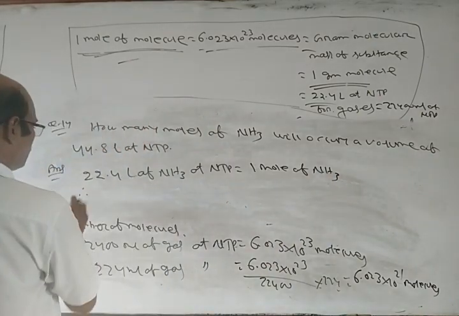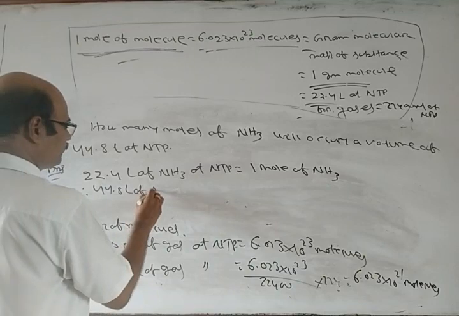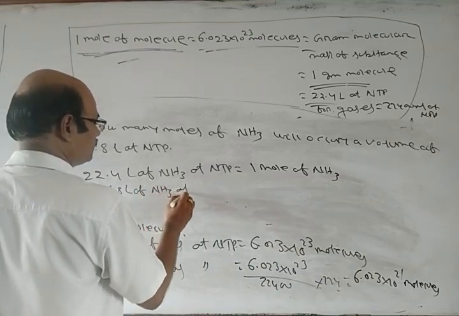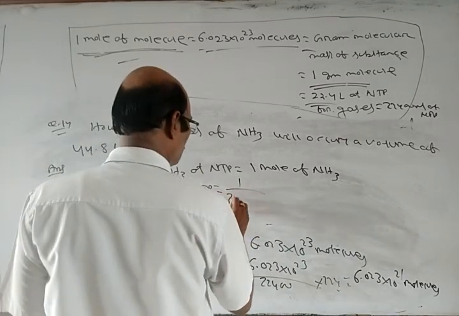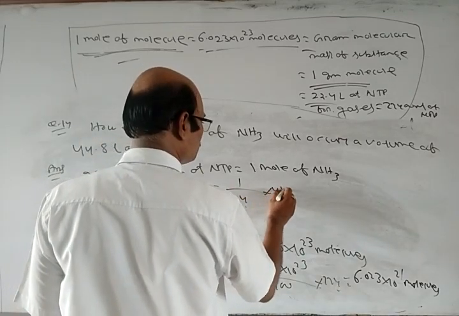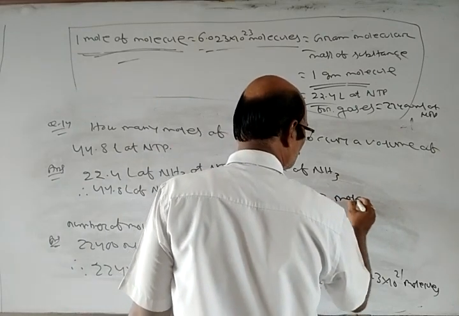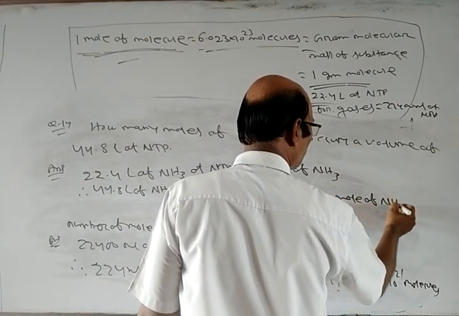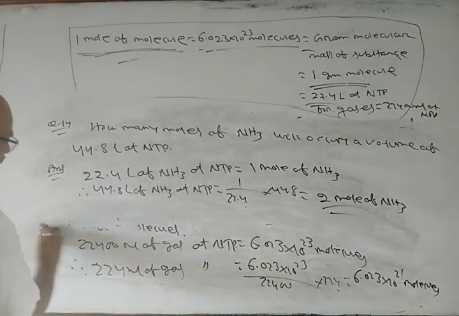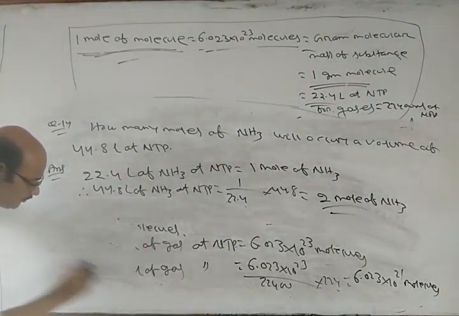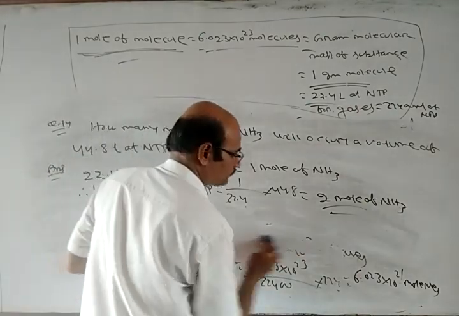Therefore 44.8 liter of ammonia at NTP equals 1 by 22.4 into 44.8, which is 2 mole of ammonia. Okay, so 2 mole of ammonia will occupy a volume of 44.8 liter at NTP. Clear?